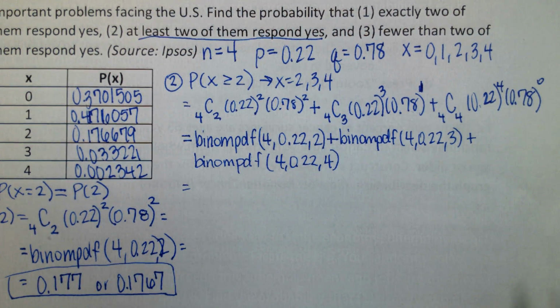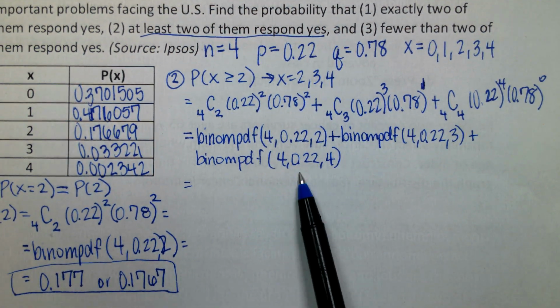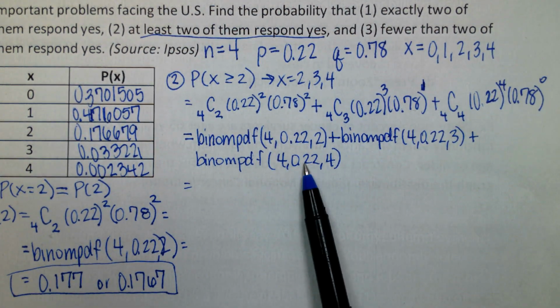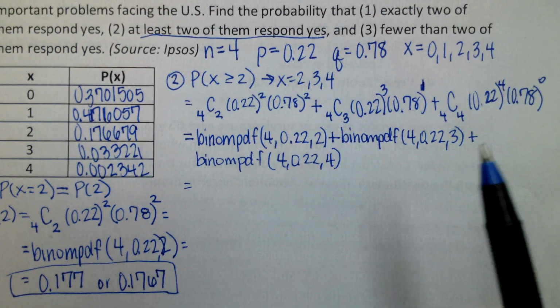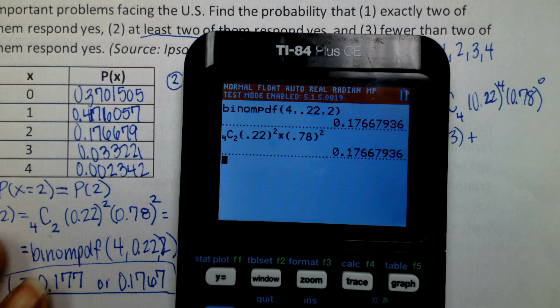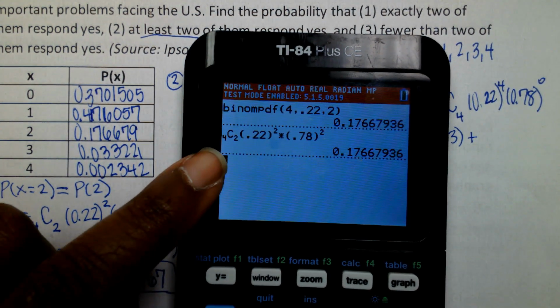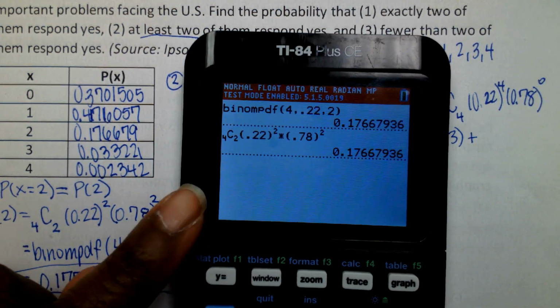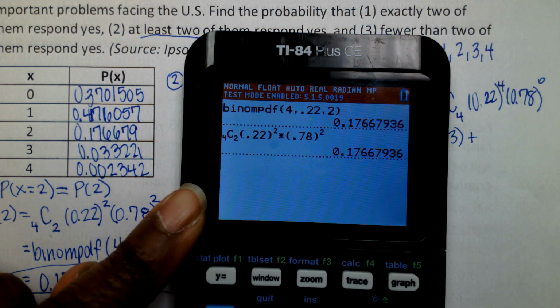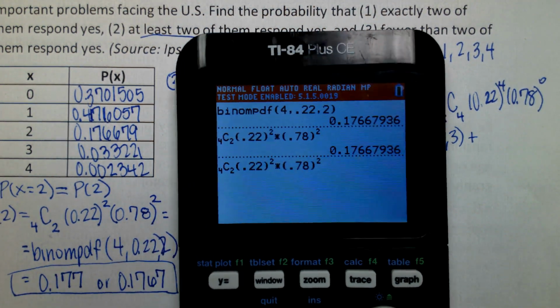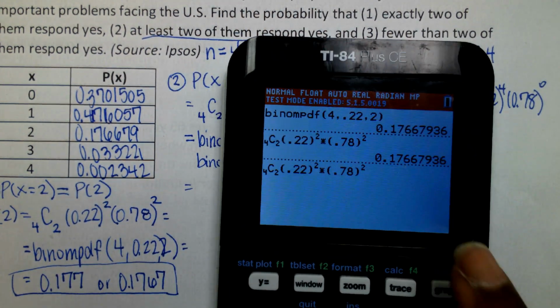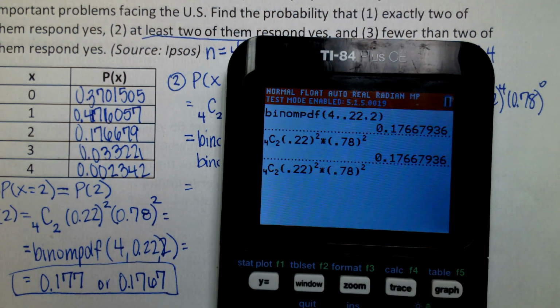So let me show you about this binomial PDF. How you can copy and just change the numbers. So second enter will allow you to copy the line you put in, and you can actually write over the numbers you need to write over.